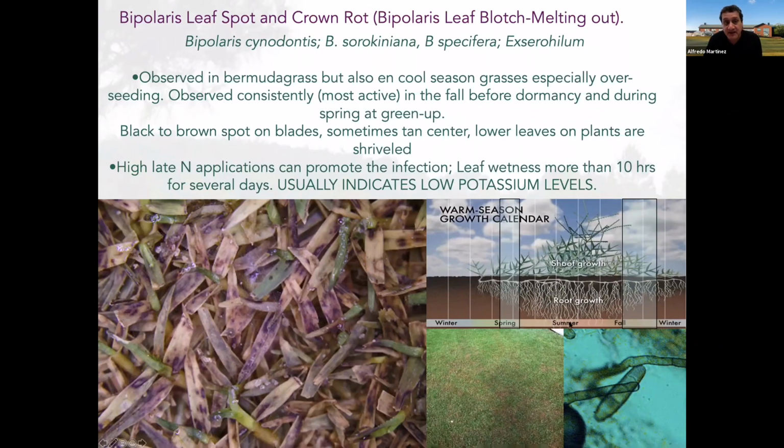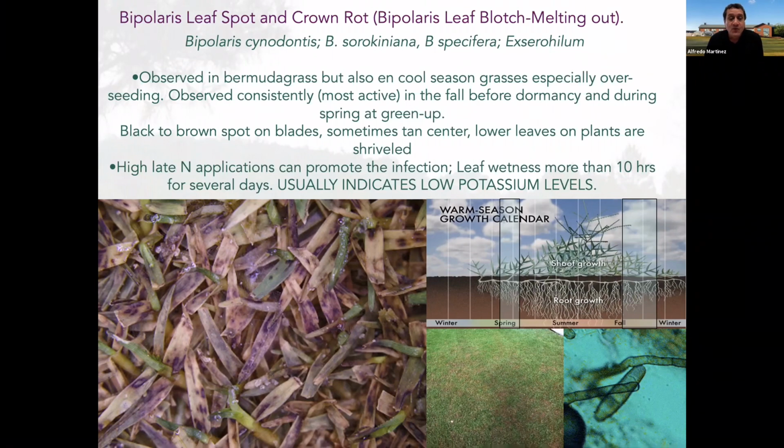That's bipolaris leaf spot, and it's really going on pretty much right now. It has the same characteristics in terms of humidity and temperatures as dollar spot, and it occurs exclusively on Bermuda grass; not other species of grass are really susceptible.